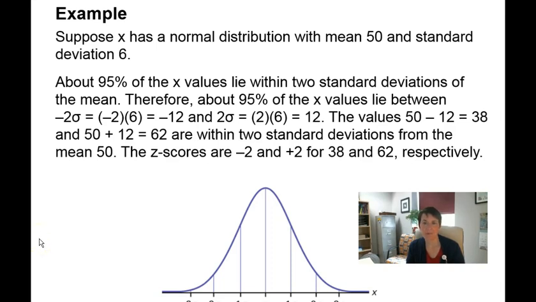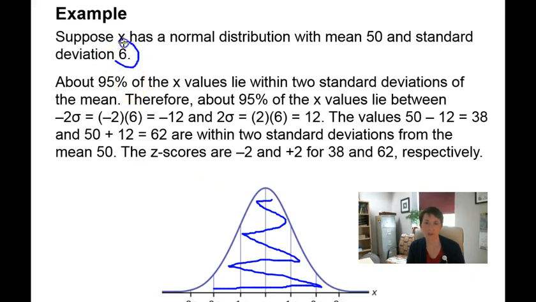Another example, same standard deviation and mean. About 95% would be then within 2 of these, all the way across here. So what is my lower and what is my upper limit? Well, 2 standard deviations would be just 2 times 6, so it would be 12. I would add 12 to this, getting a 62, and then I would subtract 12 from it.